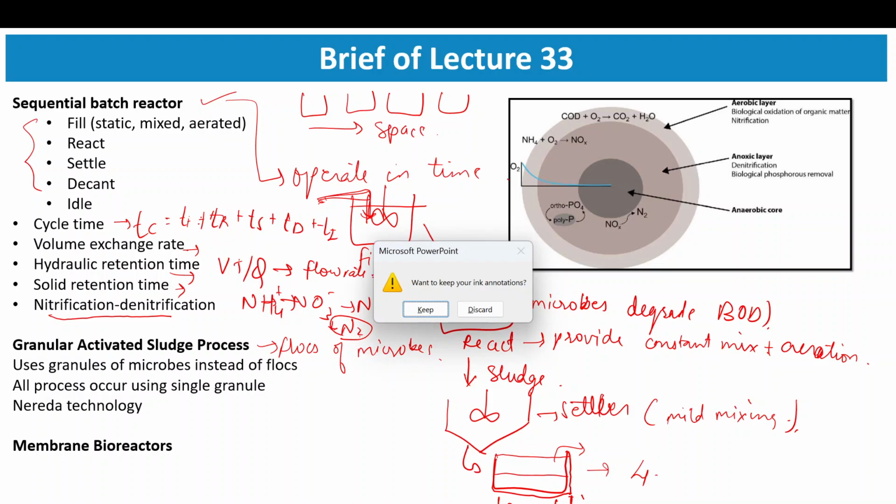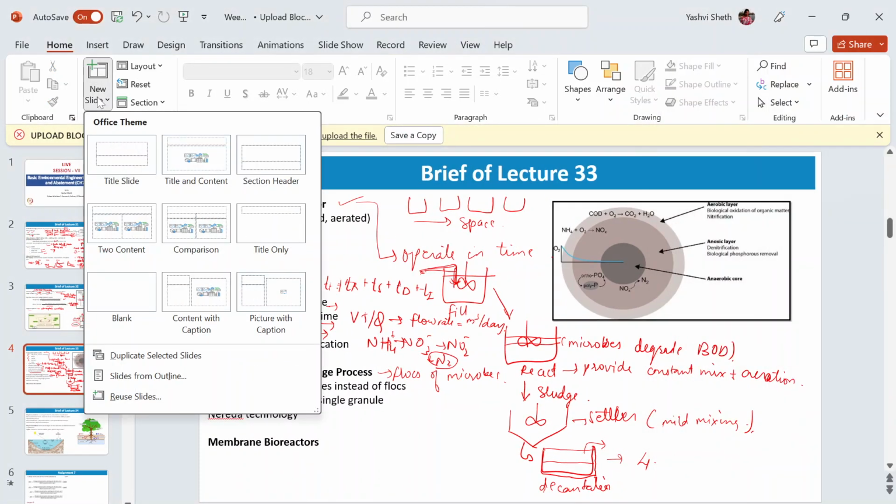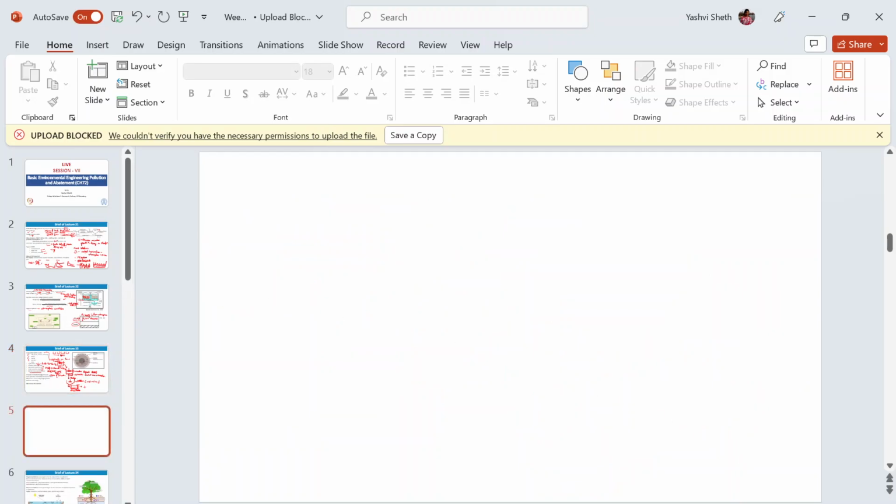Here, the microbes used are of some different types. Initially they are very much separated, and when they grow, they come together to form a bigger floc.